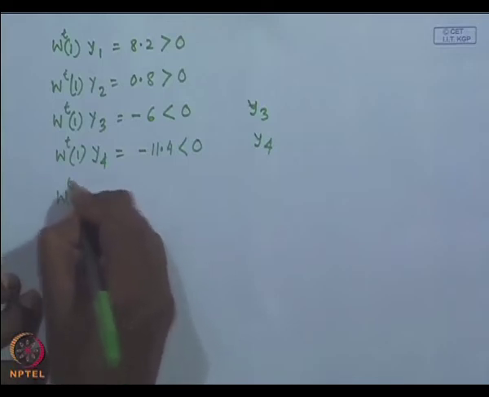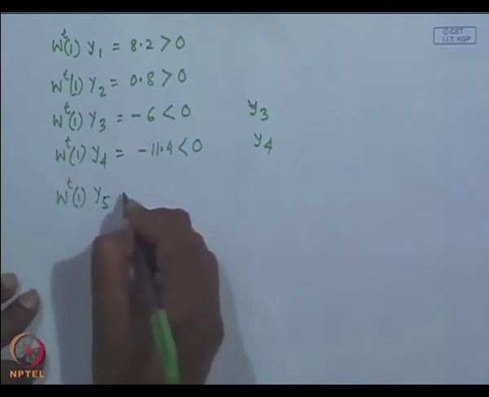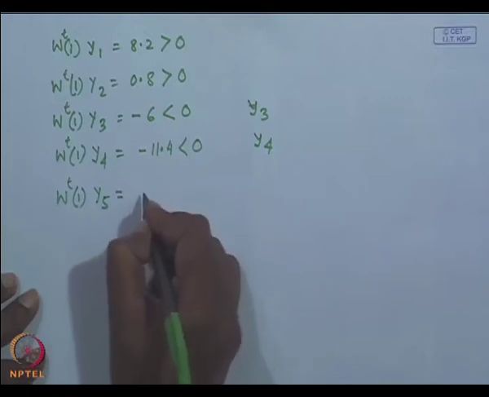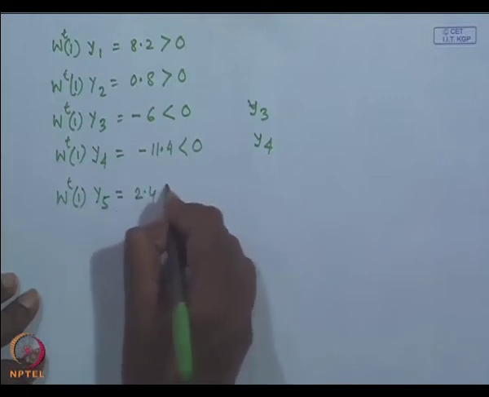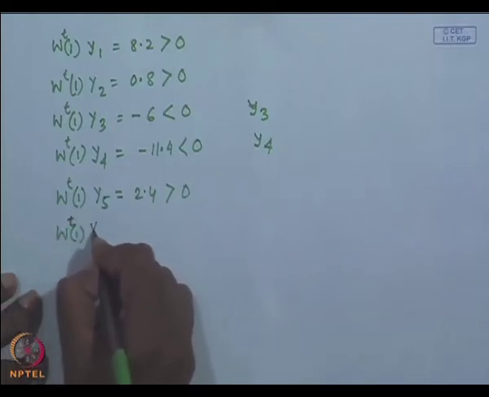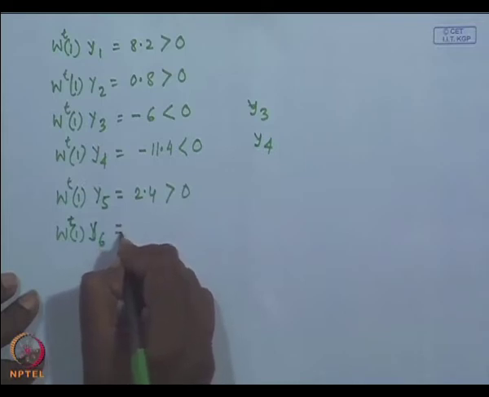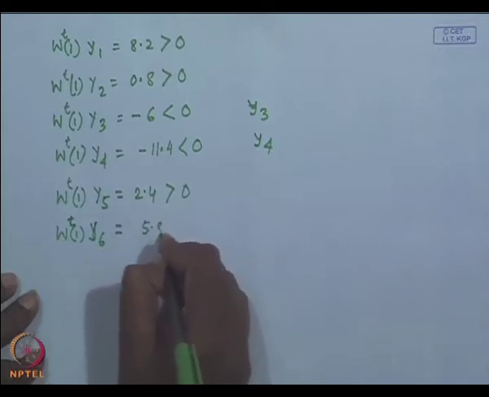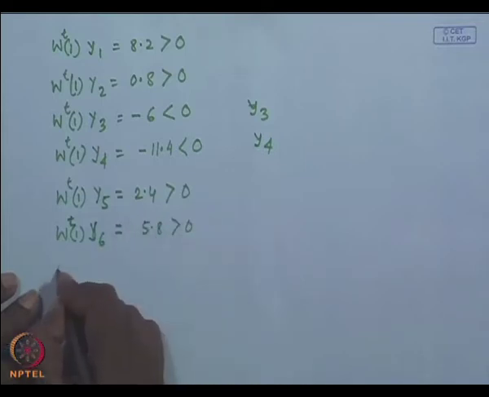W1 transpose y5 will be equal to 2.4, that is greater than 0. W1 transpose y6 will be 5.8, again greater than 0.